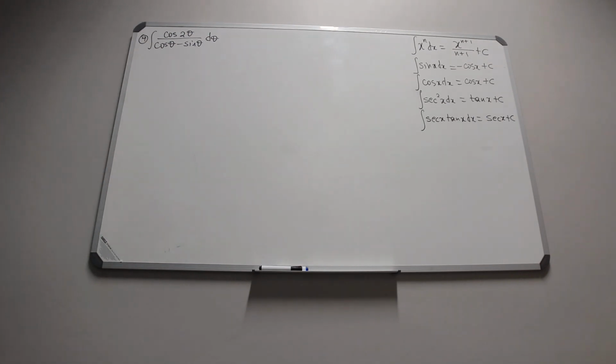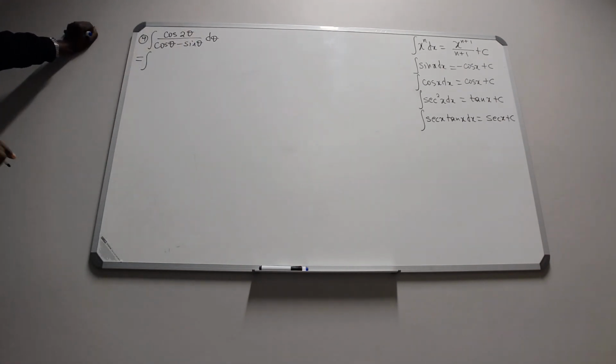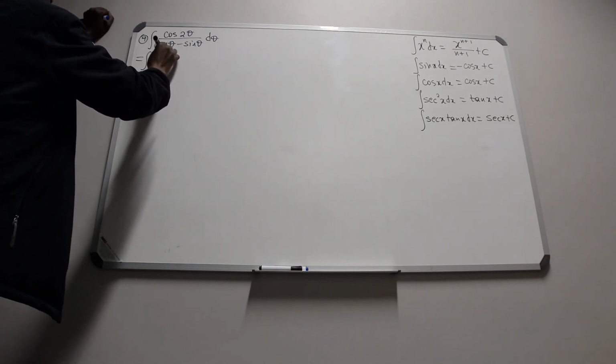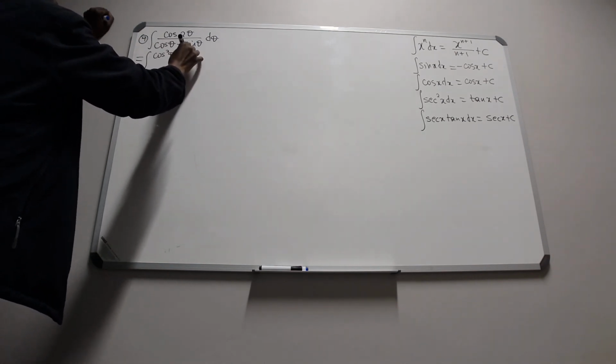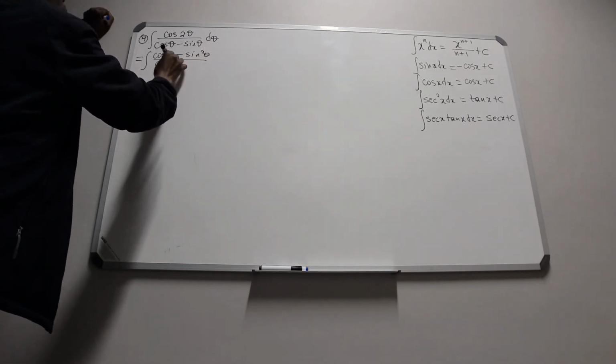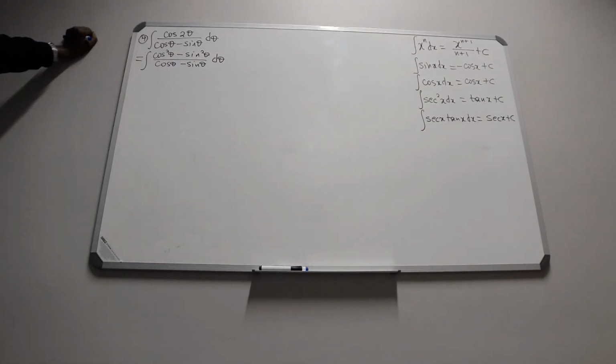And then when it is like that, there's nothing much that we can do. But if you go back to page 3 of your notes, you will see that there is an identity which we can use. So the numerator can be written as the cosine squared of theta minus the sine squared of theta over cosine of theta minus sine of theta d theta, like that.